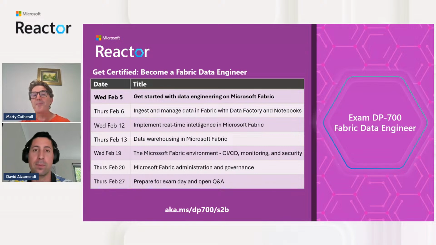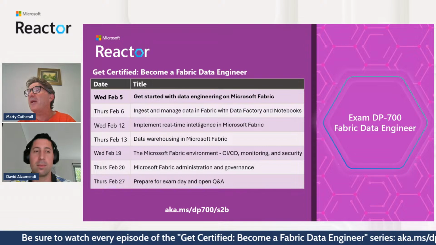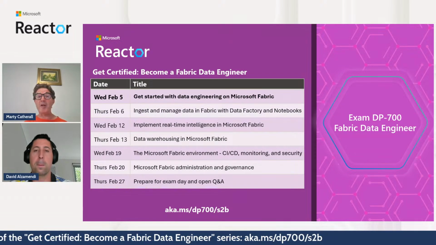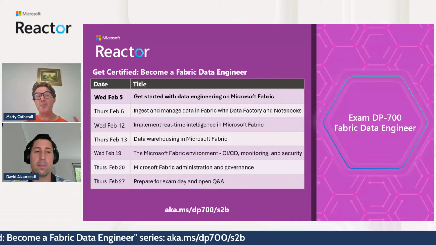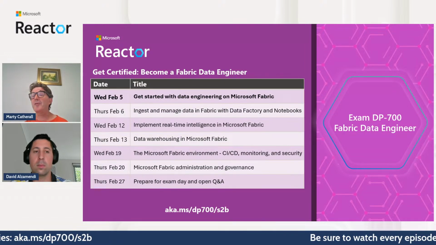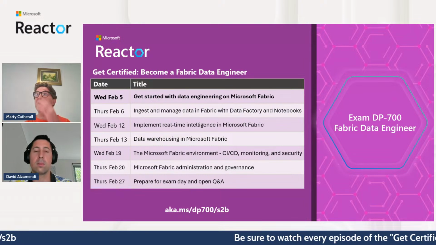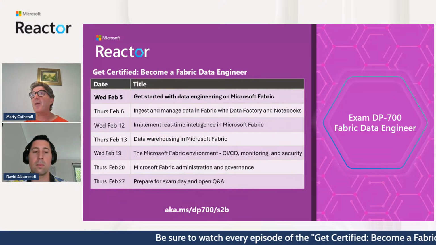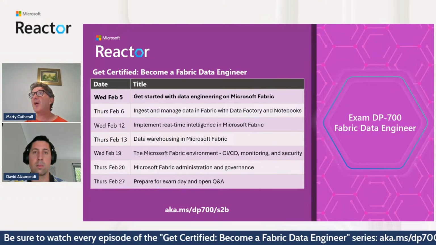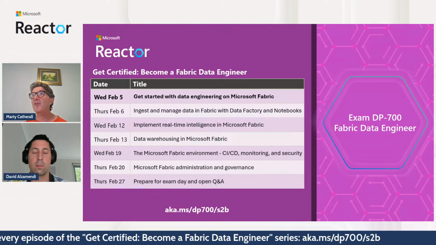Okay, so this is the first in a series of becoming a Fabric data engineer. Last week and a few weeks previously, we've been talking about progressing from DP-203 to DP-700. But this is a brand new series: Get certified, become a Fabric data engineer. Today is the first edition: Get started with data engineering on Microsoft Fabric.